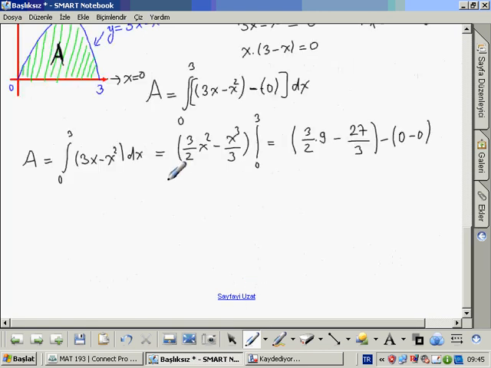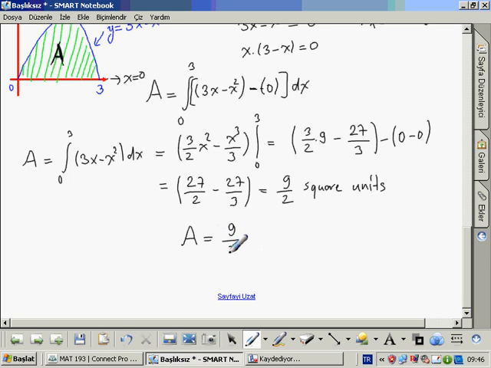After that we will obtain 27 over 2 minus 27 over 3, and it equals 9 over 2 square units, and the area is this. That means A equals 9 over 2 square units. This is the result for this area.